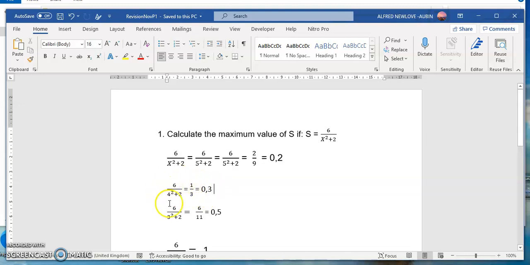You see that the value of that expression has increased from 0.2 to 0.3 when I decrease the denominator. Now let me reduce the denominator again. I'm reducing the x value from 4 to 3. You see that the whole expression increases from 0.3 to 0.5.